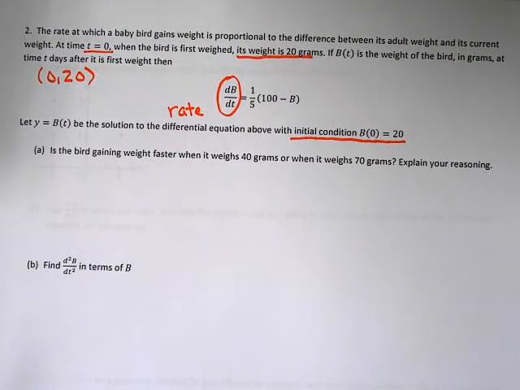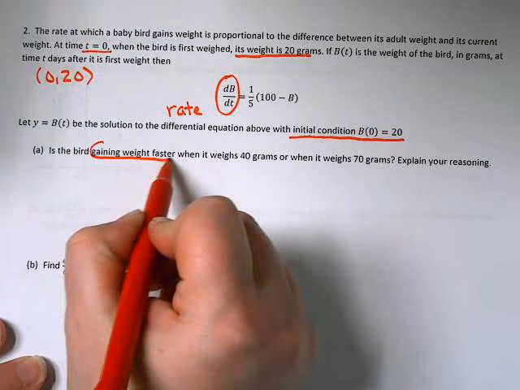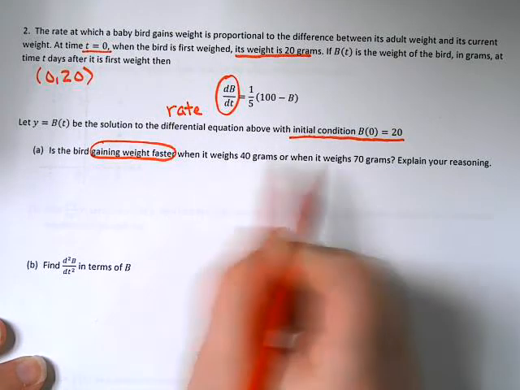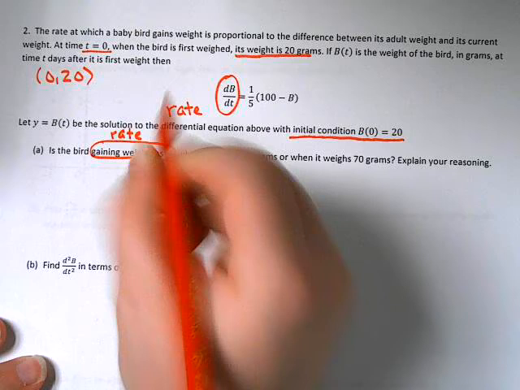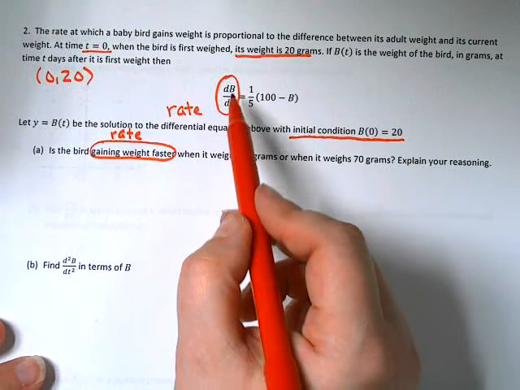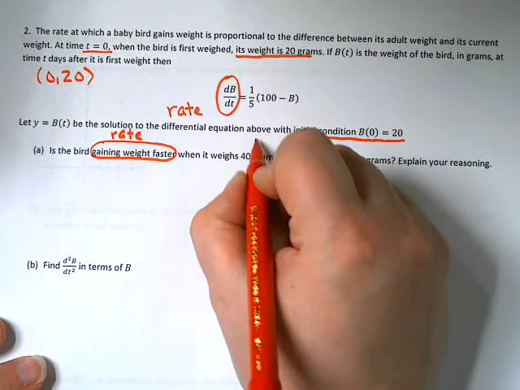So part A says, is the bird gaining weight faster when it weighs 40 grams or when it weighs 70 grams, and explain your reasoning. So it's asking if the bird is gaining weight faster at these different weights. This is that rate, which means we really just need to be looking at dB/dt. And since they give us these weights, the weights are our B values.